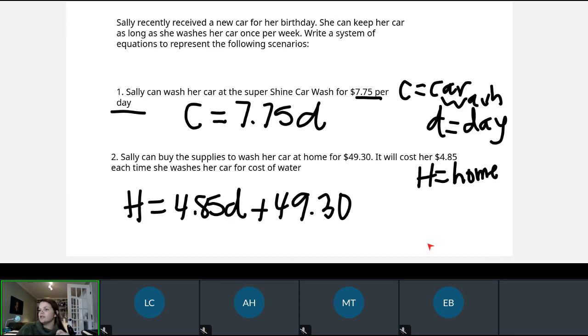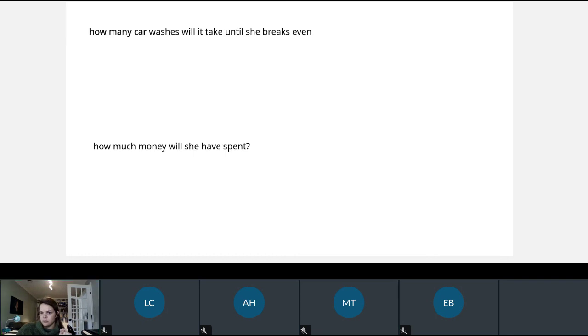Okay, so let's move on to, if you will all go to slide 3. Okay, good, Liv. I will keep doing that. Okay, so slide 3. I'm asking on my problem, how many car washes will it take at the car wash until she breaks even with the cost at home?